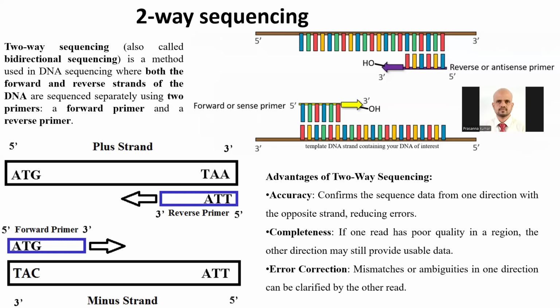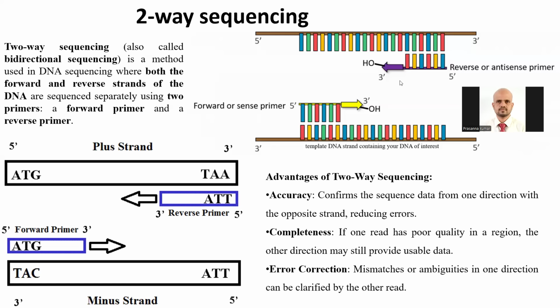Even people working with a 500 base pair gene will always sequence both the strands, because sequencing two ways also ensures accuracy. You see, if this primer is making a mistake, meaning instead of thymine it will be adenine here, or instead of adenine it is adding guanine, you can verify this position by comparing with your reverse complement.